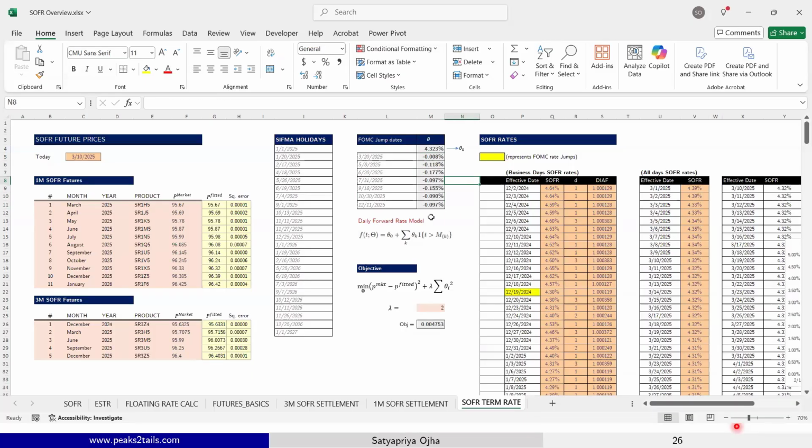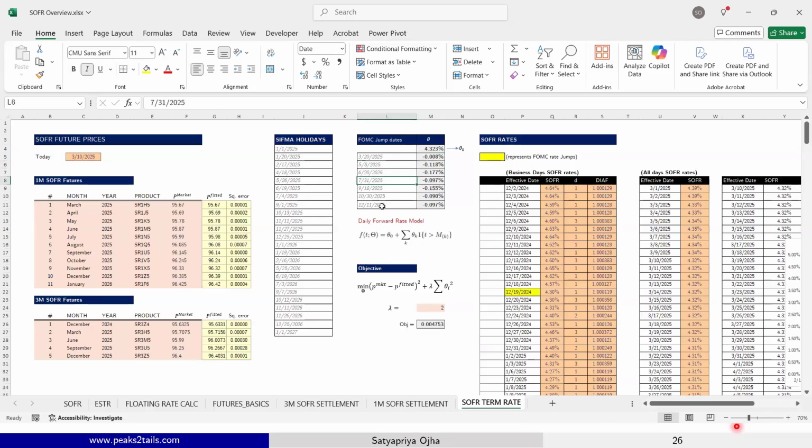For each of those dates, there are jumps. In between these two dates, the daily forward rate, the expected overnight SOFR rate, will be constant. That is my model. It's a simple model because it's almost like a constant, with only jumps after the FOMC dates. So theta is the top up, the jumps that keep getting accumulated right after the FOMC meeting dates.